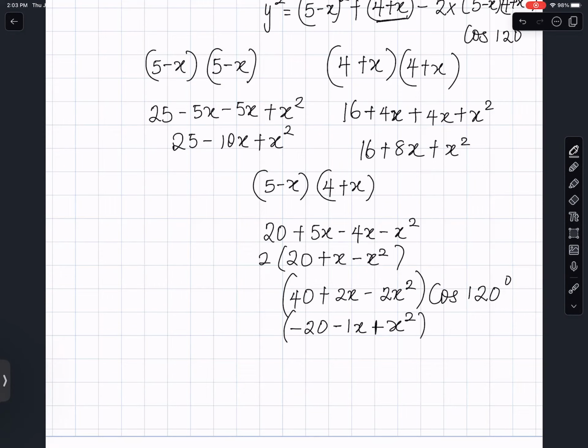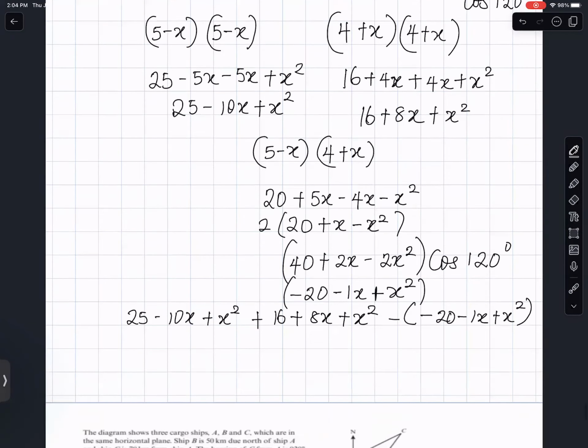So we can bring the three expansions together. I'll resolve the three of them together so we can have what we are searching for. So I have 25 minus 10x plus x squared plus 16 plus 8x plus x squared, then minus, and this still remains in the bracket because I have not opened it.